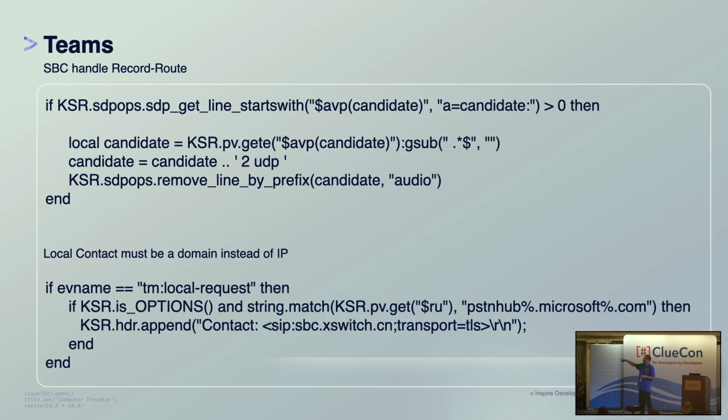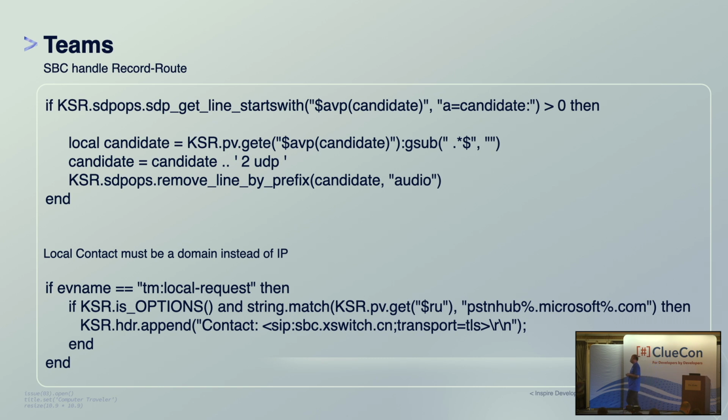Another one is the example where we kill the candidate. When you make a call from FreeSWITCH to Microsoft Teams, FreeSWITCH has 2 different candidates in the SDP, and Kamailio will remove one and then send that to Microsoft Teams, so Teams will be happy.